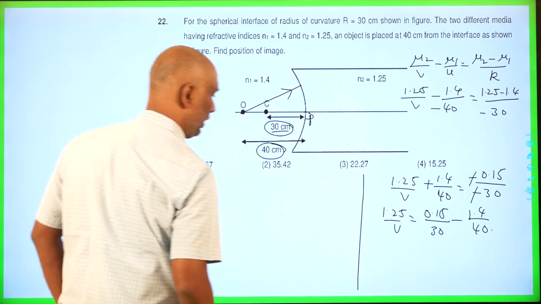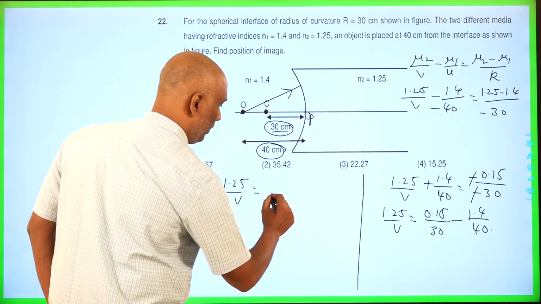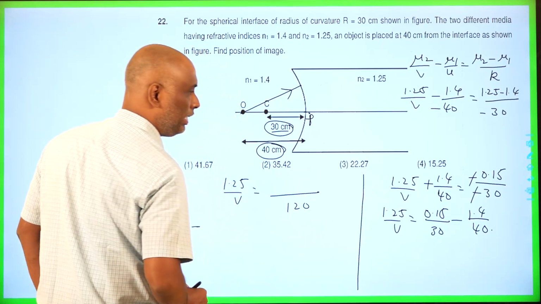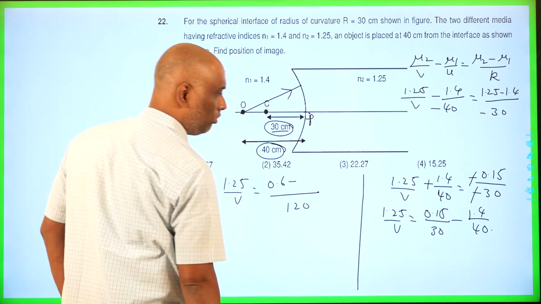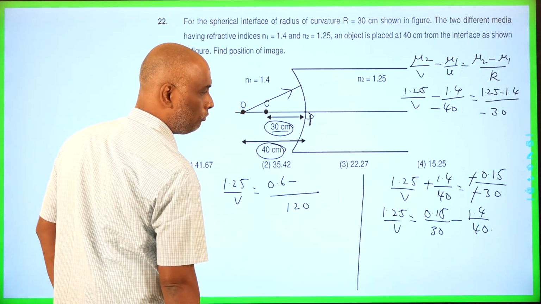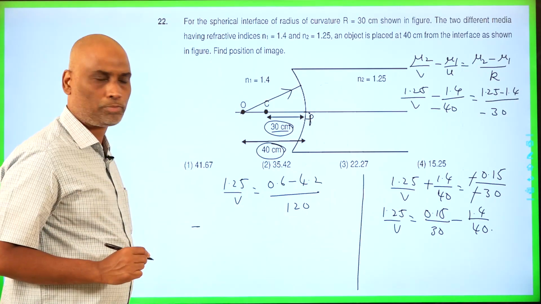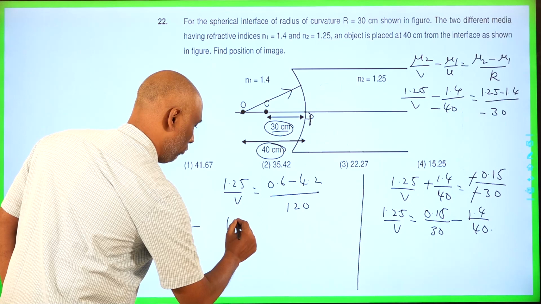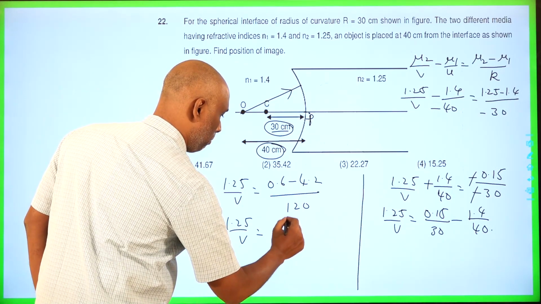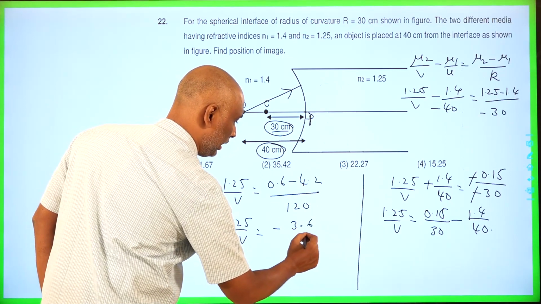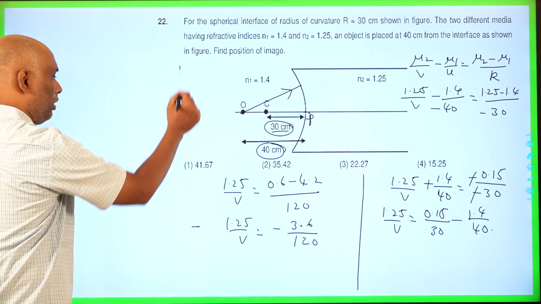Taking 120 as the common denominator, 0.6 minus 4.2, so 1.25 divided by V equals minus 3.6 divided by 120. From this equation I can find the value of V.